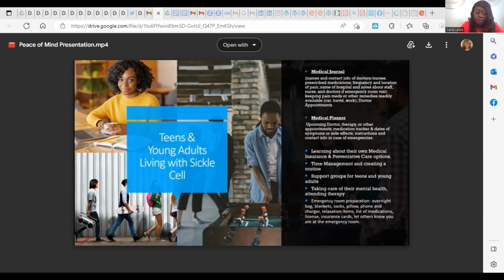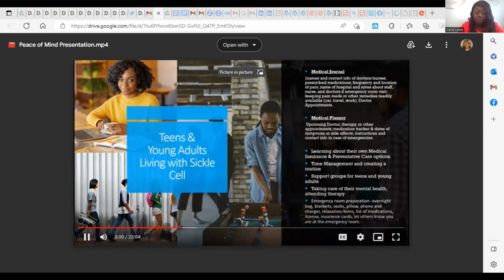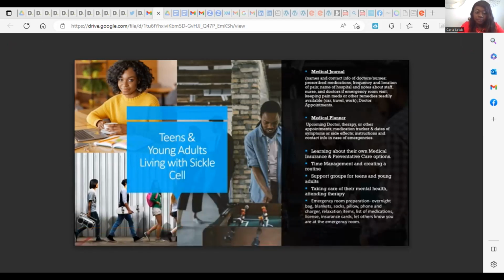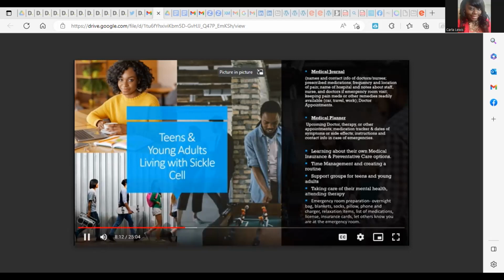Also, having those things readily available in your car when you're traveling or going to work, and absolutely doctor appointments, especially if you're changing doctors. So a medical journal, again, is just keeping this very important information in a journal where they will keep it with them at all times, or as many times as they feel needed.